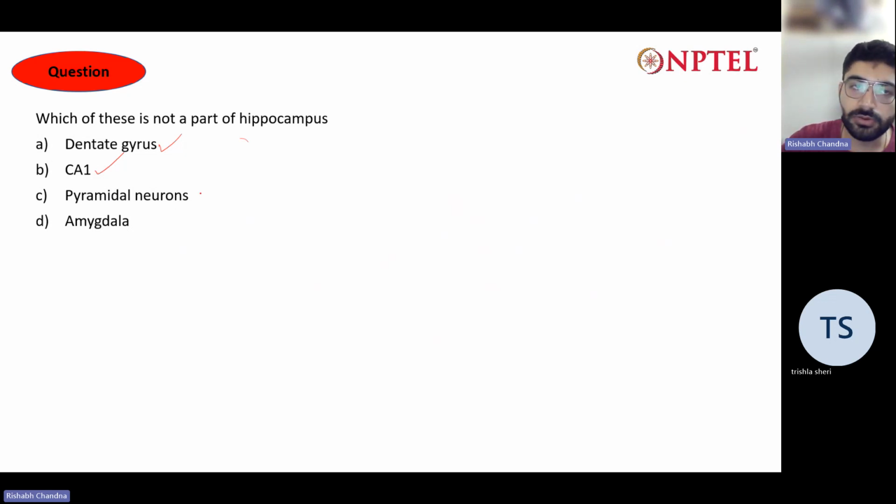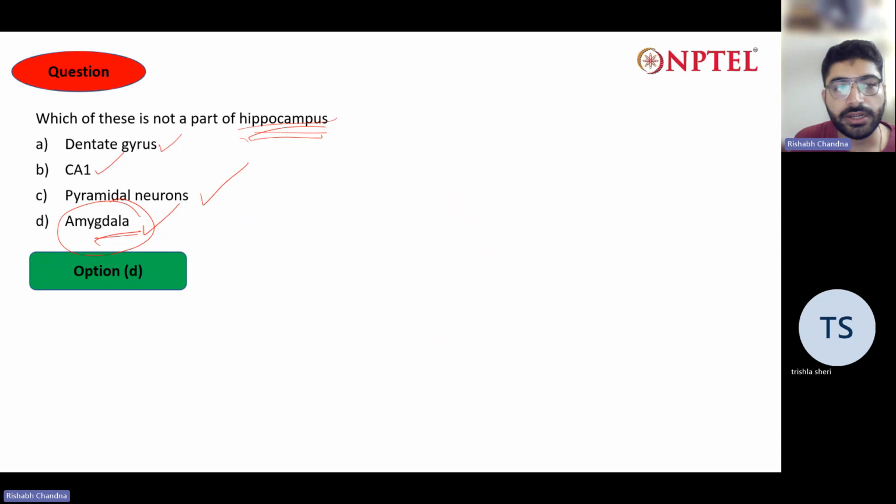They have pyramidal neurons, and the amygdala is a part of the limbic system. The hippocampus is also part of the limbic system that controls basic emotions of our brain. So the hippocampus, thalamus, and amygdala constitute the limbic system. So the amygdala is not a part of the hippocampus. So the correct answer is amygdala.